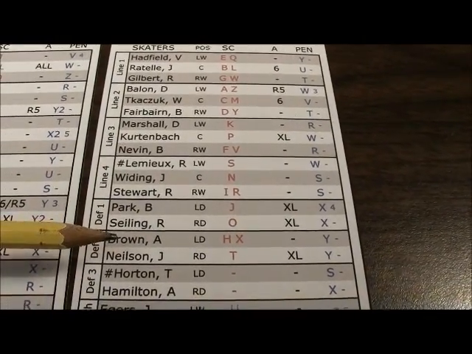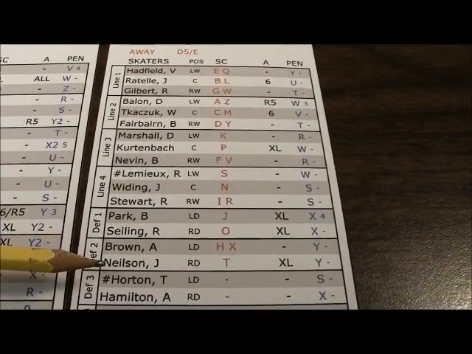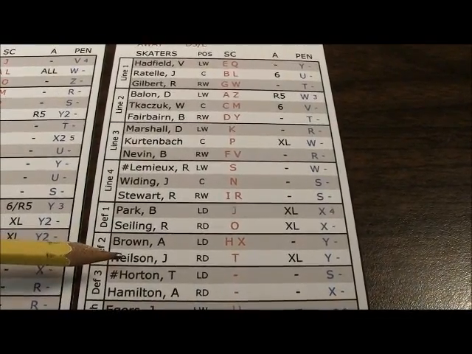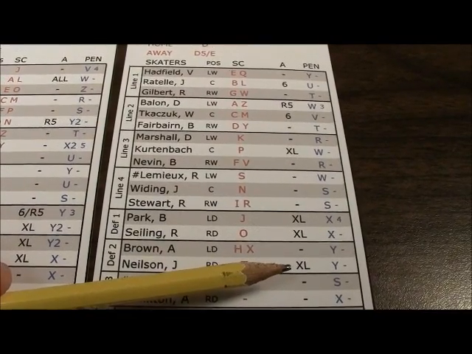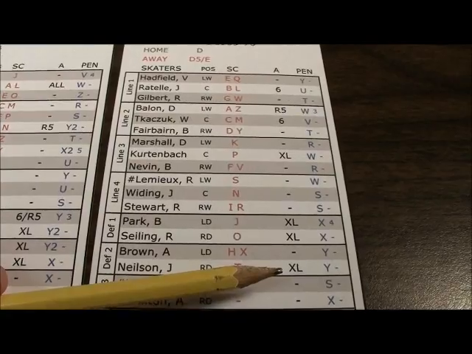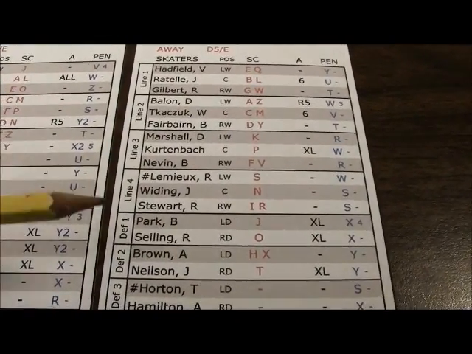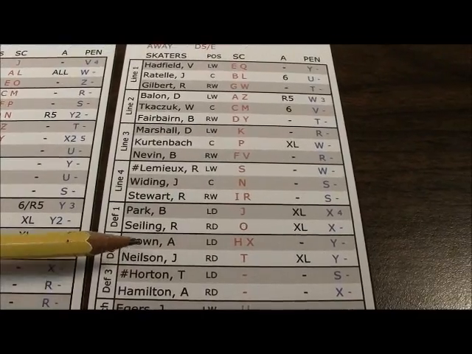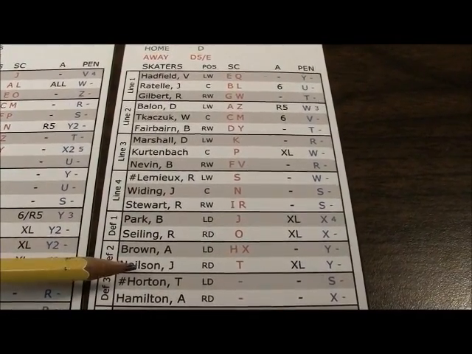Now if it was the other way around and Arnie Brown scored and a reading of line came up, Jim Nielsen would not get an assist, because the XL rating indicates that anytime a reading of line comes up, that player will not get an assist.